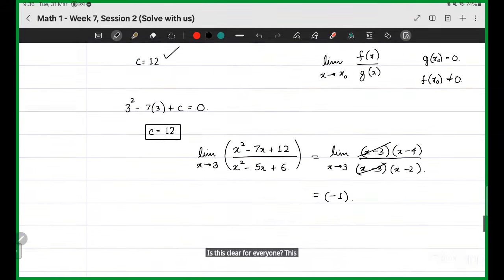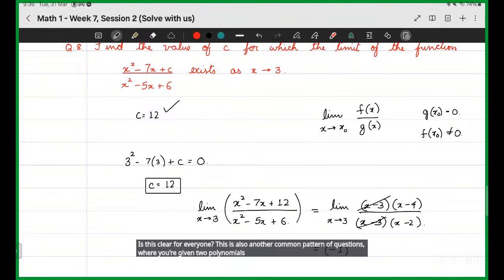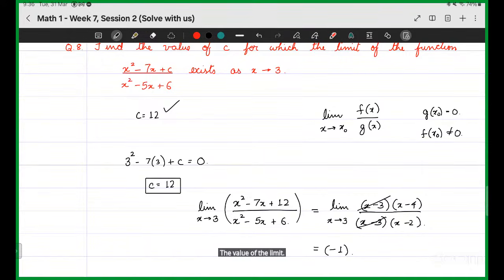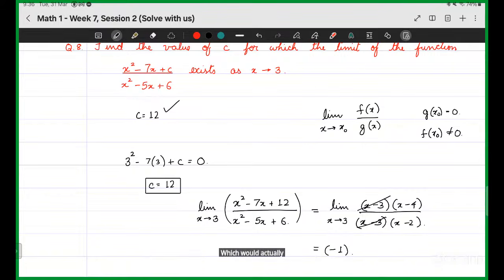This is also another common pattern of questions where you are given two polynomials and you are asked to find the value of the limit. And typically you can factorize them and get rid of the term which appears in both the numerator and denominator, which would actually equate to 0.